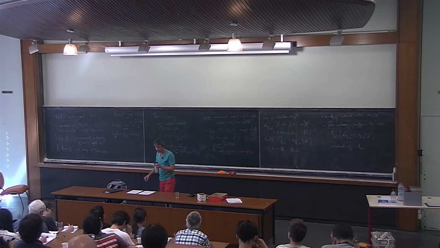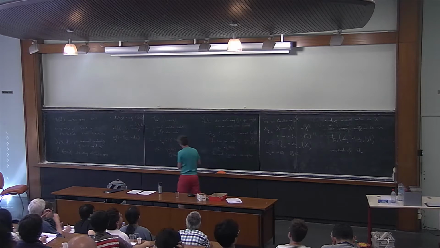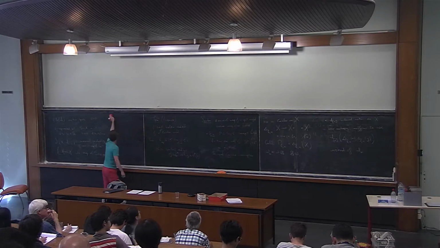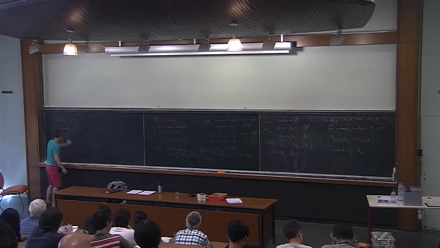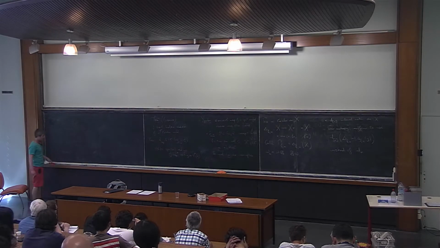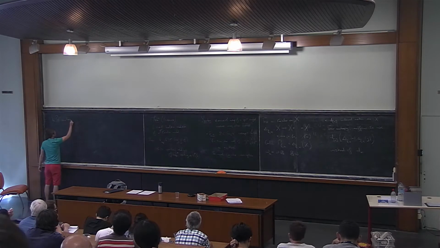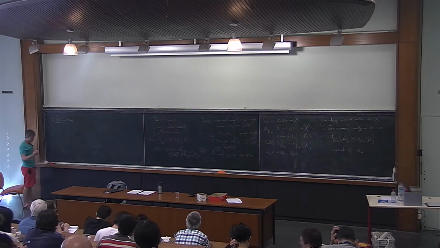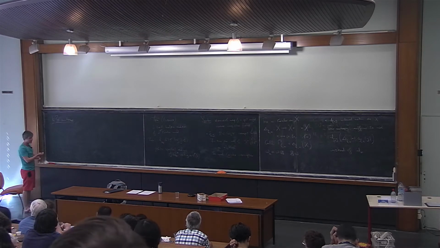So now we're back to K3 surfaces and automorphisms. One thing that I mentioned in the first lecture, but it didn't come up later on, is that there's a big distinction between when a K3 surface is algebraic and when it is not.